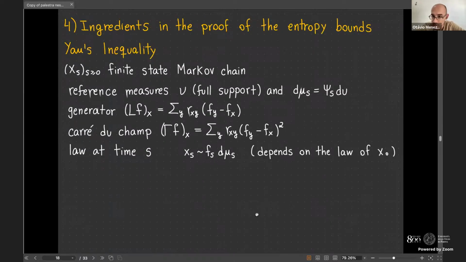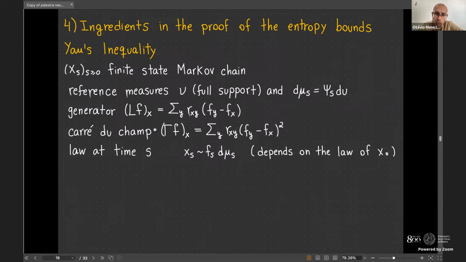So let's now have a look at what goes into the proof of the entropy inequality, starting as general as I can manage. So we start with the Markov chain in finite space with some generators, some jump rates. We are going to use this Cavedo-Champ operator to just take the formula for the generator applied to a function and square the differences.